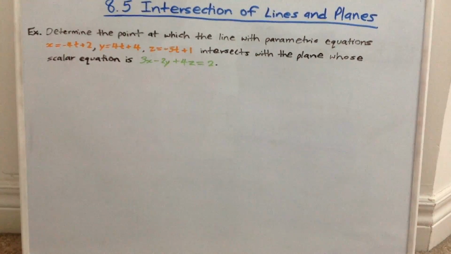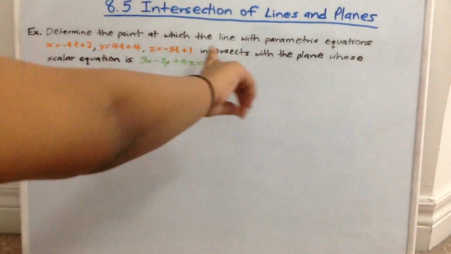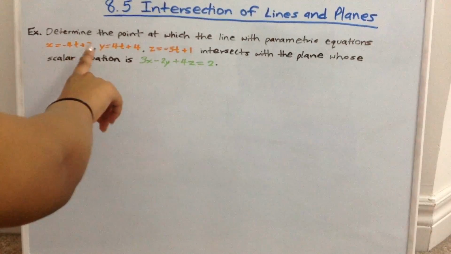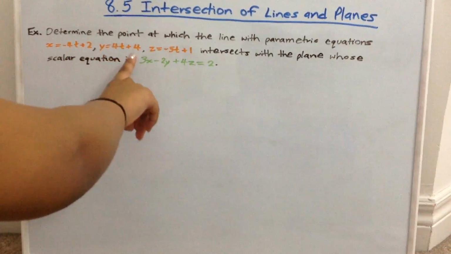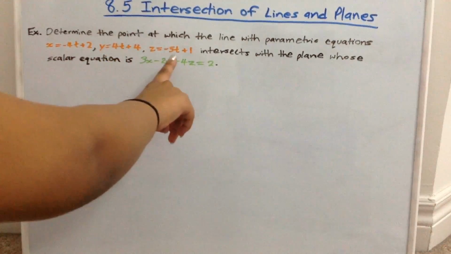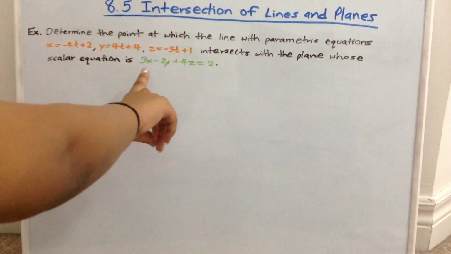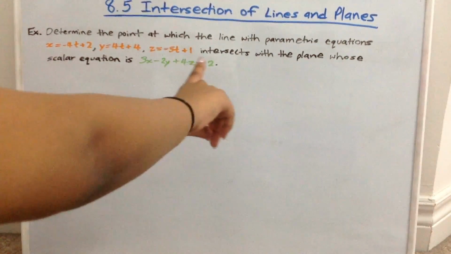Now let's look at the next example. In this question, we need to find the point at which the line with the parametric equations x equals negative 4t plus 2, y equals 4t plus 4, and z equals negative 5t plus 1 intersects with the plane with the scalar equation 3x minus 2y plus 4z equals 2.